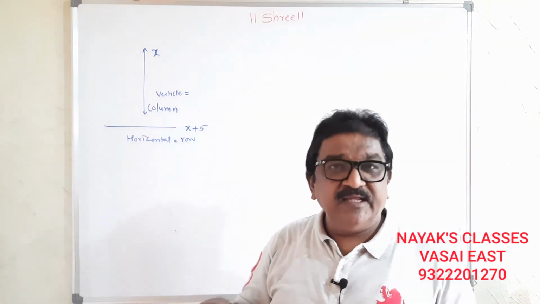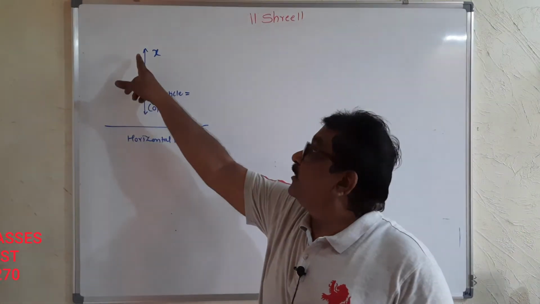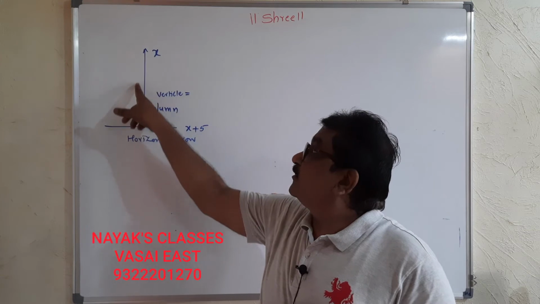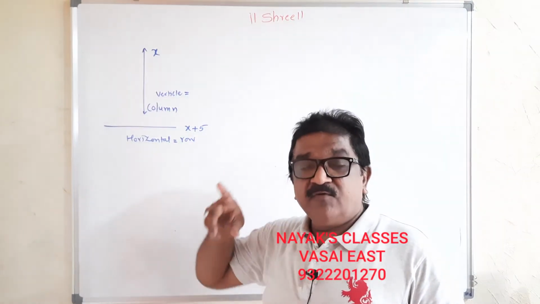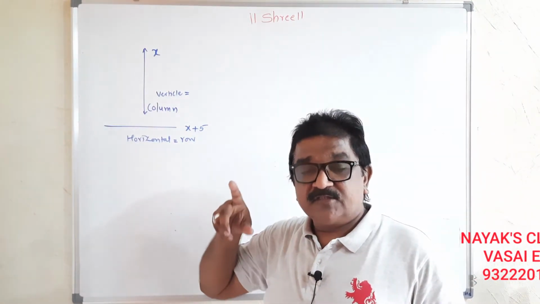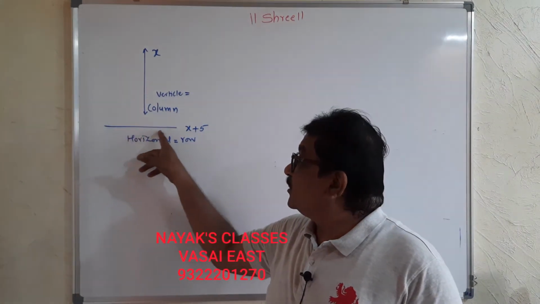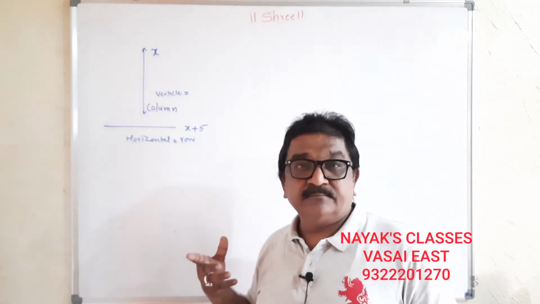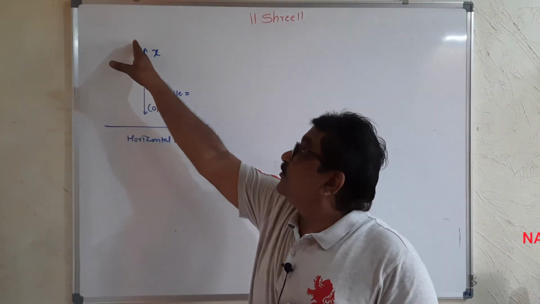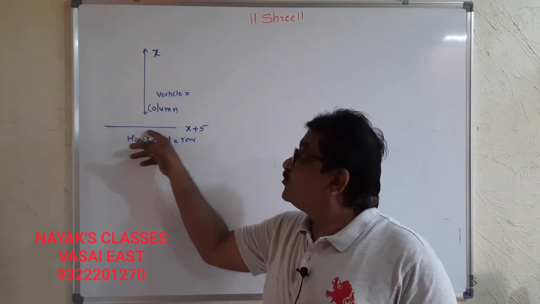The condition is the orange trees in a vertical line, suppose they are 10. So in the horizontal, they are 15. Suppose these are 20, then these will be 25.